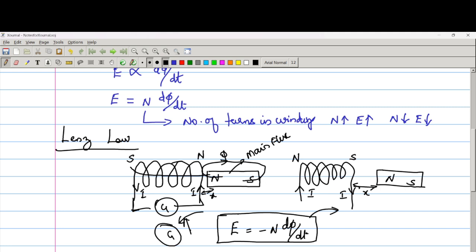At the same time, when we move the magnet away, the poles change in the electromagnet, so it will be south pole this side and north pole on the left side. Therefore the galvanometer shows the positive direction, or otherwise the clockwise direction. I hope this concept is very much understandable.